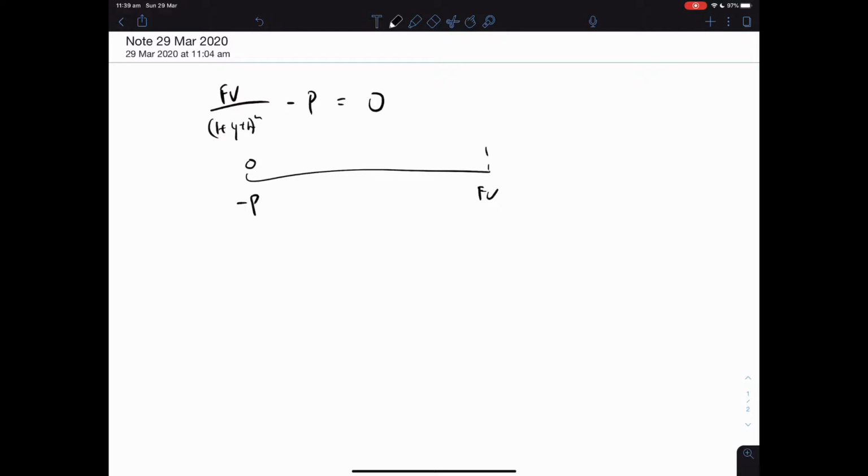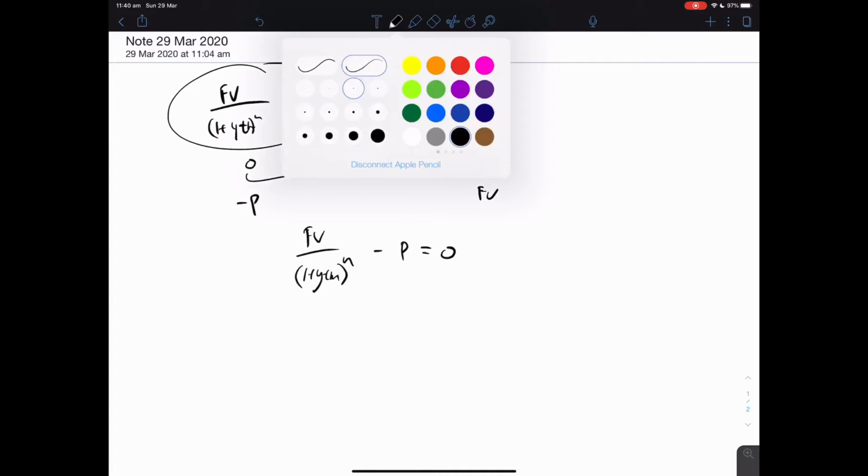So the yield to maturity is the number that sets this equation to be 0. Right? That's how we define yield to maturity.